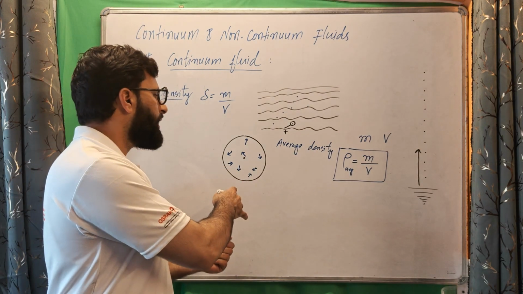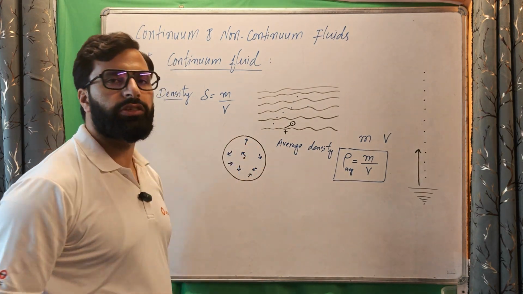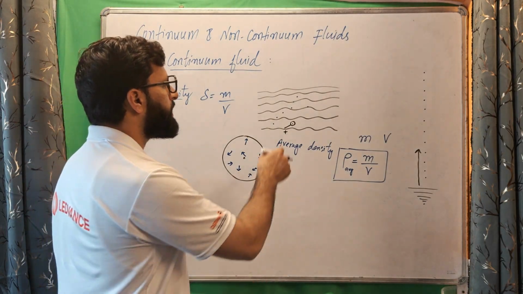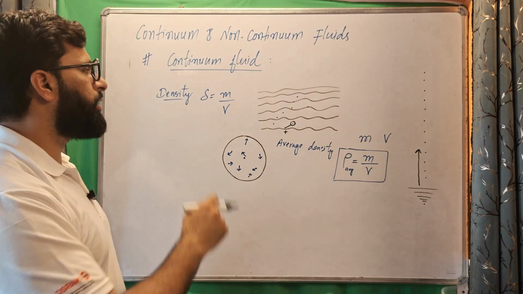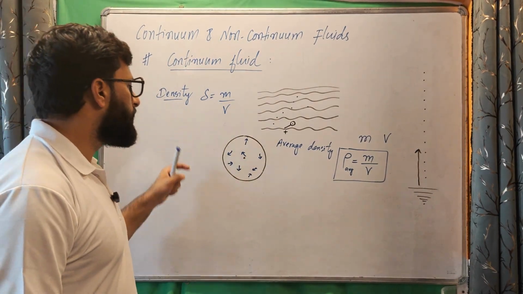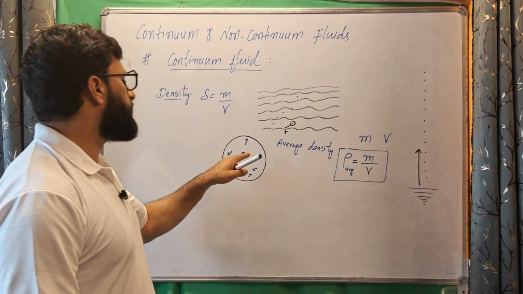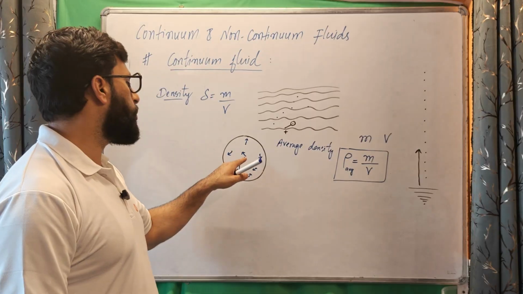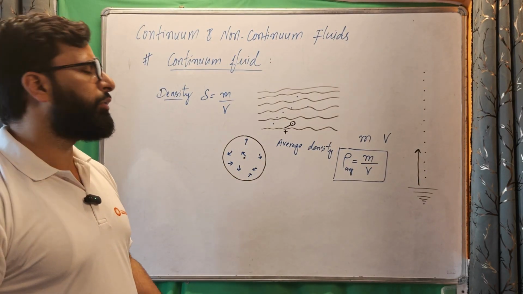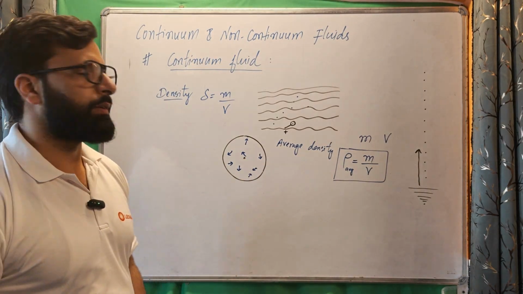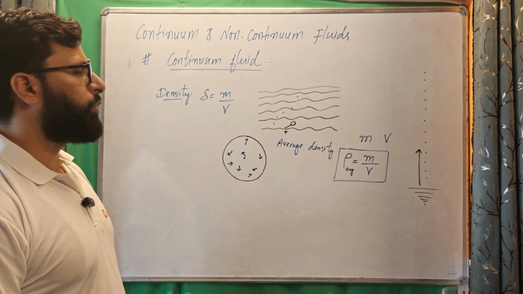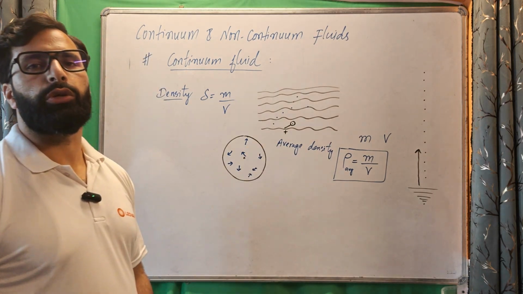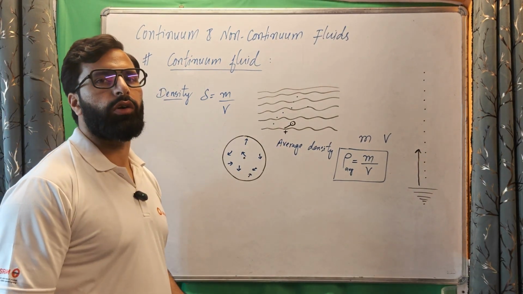So at one moment density gets defined, at another moment density does not get defined. This is a big problem. We cannot define density at the exact geometrical point in the fluid because of this random motion of the particles and this intermolecular spacing. We may end up in the empty space between molecules, and when that happens we cannot define density. This is the first problem that comes in our way in defining density at a particular point. Now, what is the workaround for this?